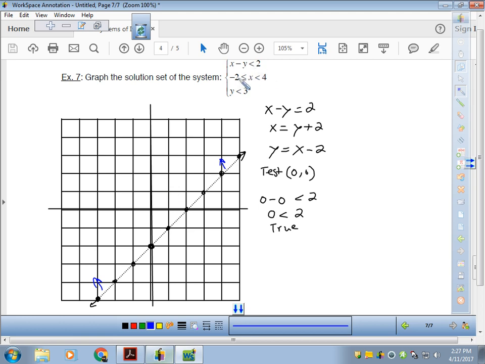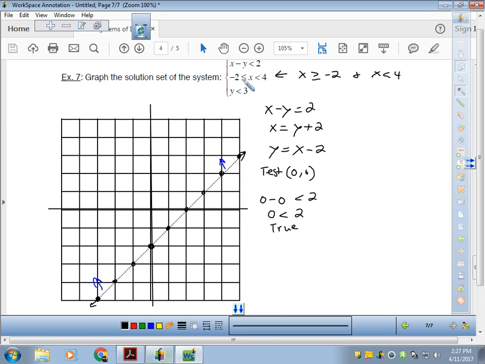Our second one is a compound inequality. This says that negative 2 is less than or equal to x is less than 4. This is actually 2 different statements. It's saying that the x has to be greater than or equal to negative 2 and the x has to be less than 4. So any number between negative 2 and 4.